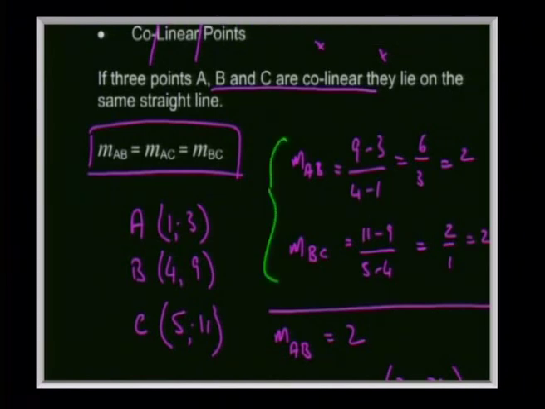Does the slope from A to B equal the slope from B to C? If it does, they've got to lie in the same straight line. The second way was to work out the equation of AB and then test point C. If the left equals the right, lies on the line, ABC collinear. Let's move on.